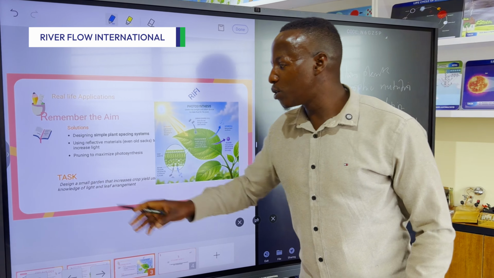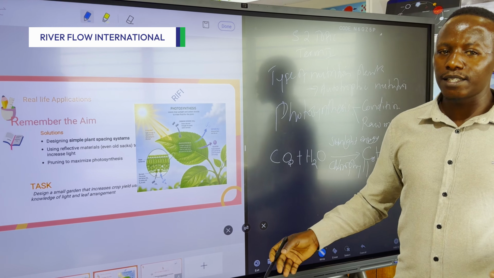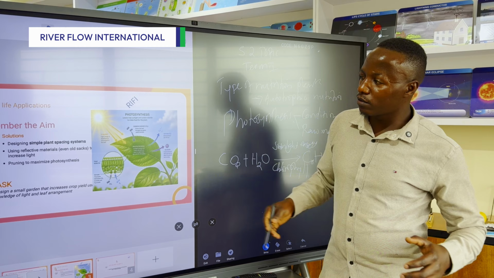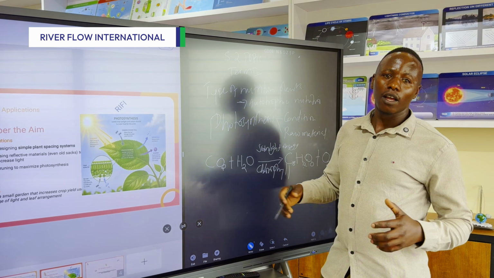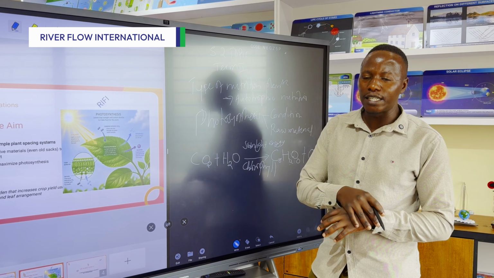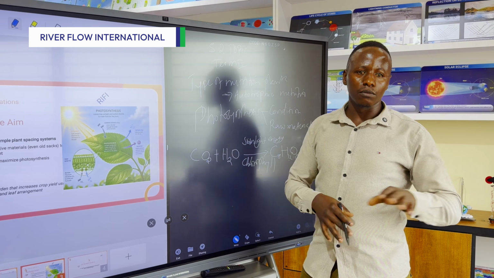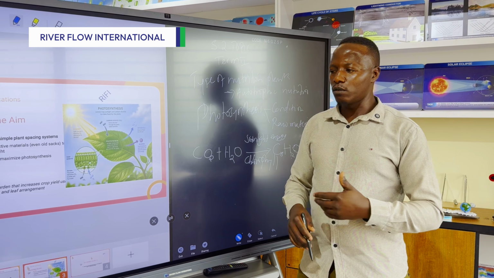Then we have pruning to maximize photosynthesis. Now you can go to Mr. Chakuzi's plantation and find a lot of branches on, let us take an example of an apple plant.